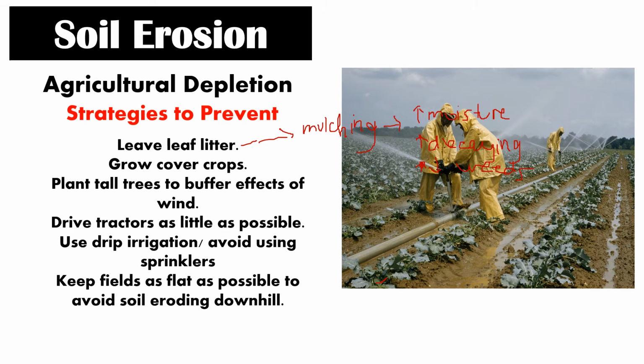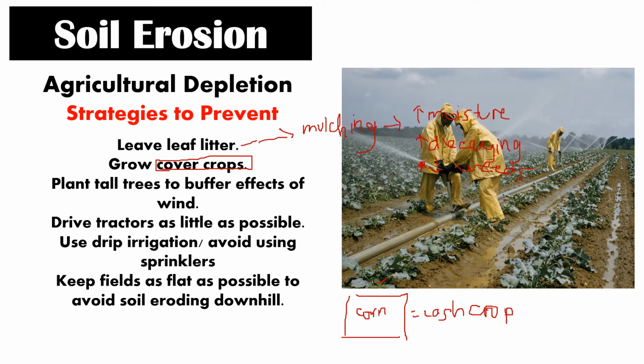Next, you can also grow cover crops. These cover crops are planted after you harvest the cash crops. For example, normally you have a field where you plant corn. Corn is what we call the cash crop.